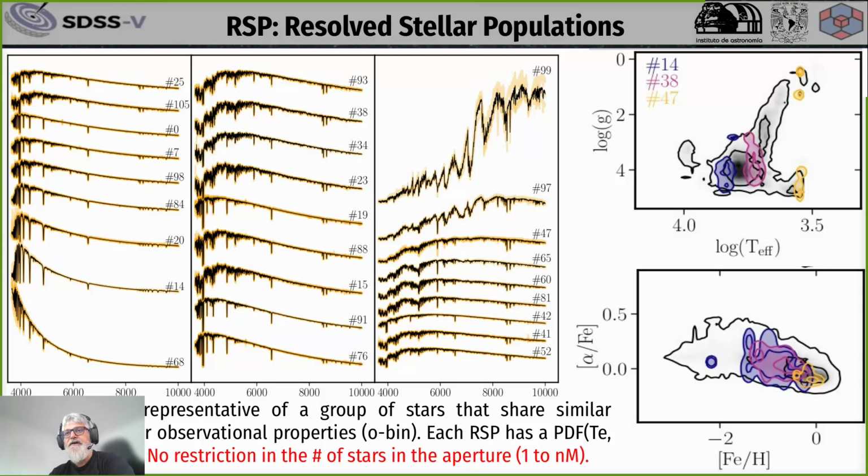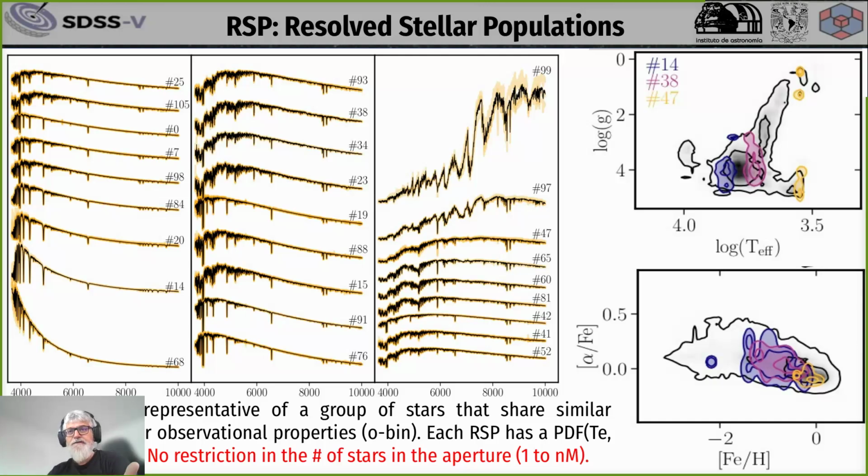So when you decompose the LVM data, or any data indeed, with this template, at the end you have a set of weights that correspond to each of the RCPs, and applying these weights to the PDF, you will have a probability distribution function in the physical parameter space that will correspond to the population of stars that you are sampling.